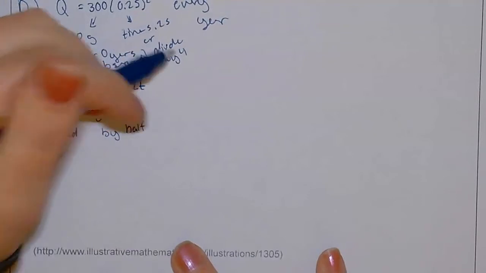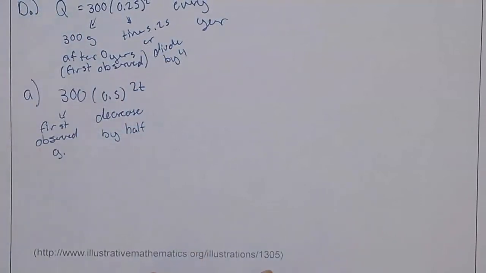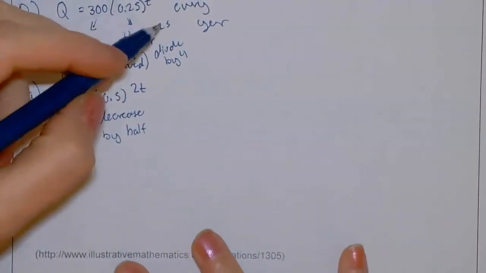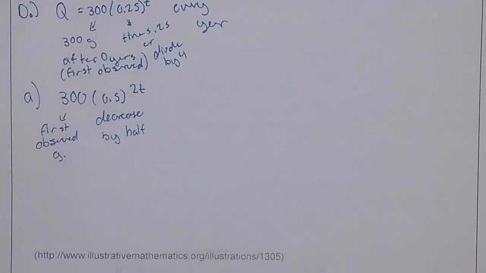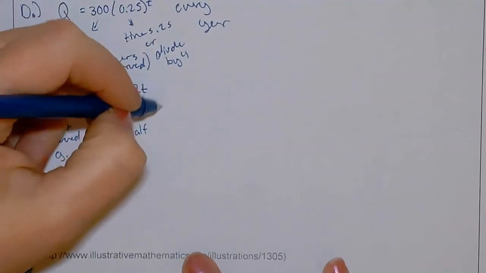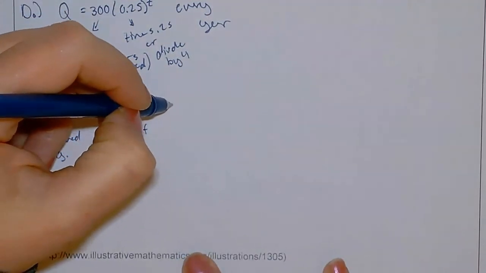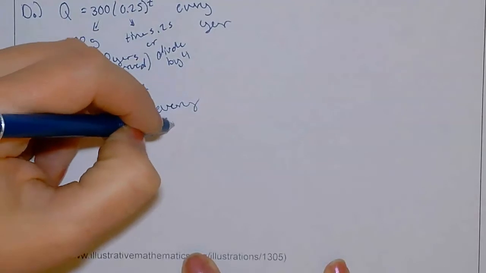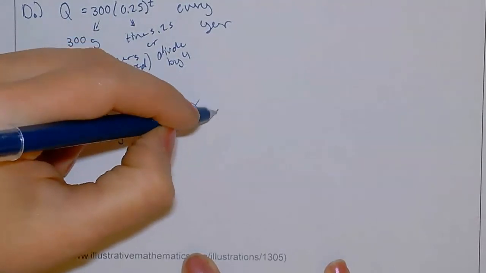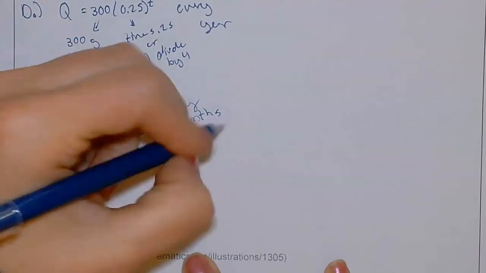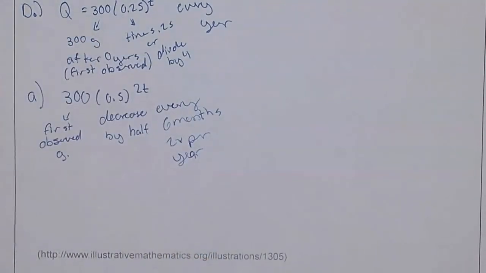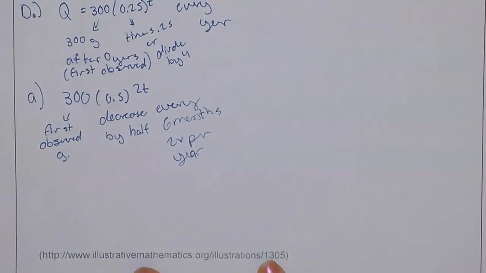If it decreases by 4 every year, it would decrease by half in half a year. Hopefully that makes sense. So the 2t is telling us, you might think of it as this happens twice a year. It's going to decrease by half twice every year, which means that it's every 6 months. So it decreases by half every 6 months, or you could think of it as 2 times per year, if that helps you make sense of why it's 2 times.